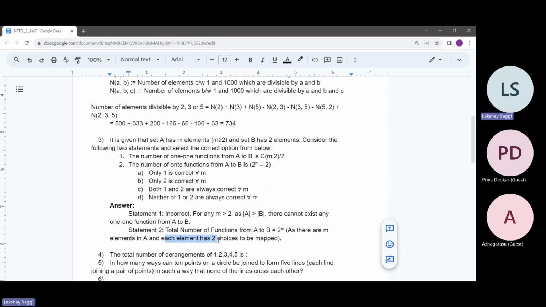Similarly, the second function which will not be onto is the function where all elements of A are mapped to exactly element 2, because in that case element 1 will not be covered by any element of A. And only these two are precisely the functions which will not be onto. The rest of the functions will be onto, because in the rest, both element 1 and element 2 will be mapped by at least one element of set A.